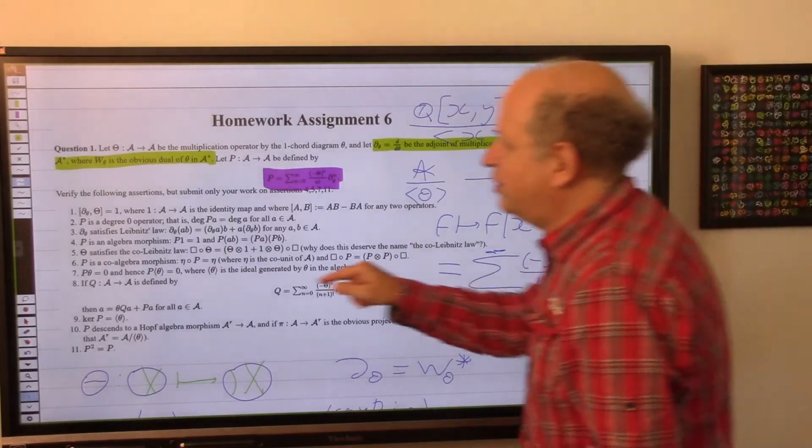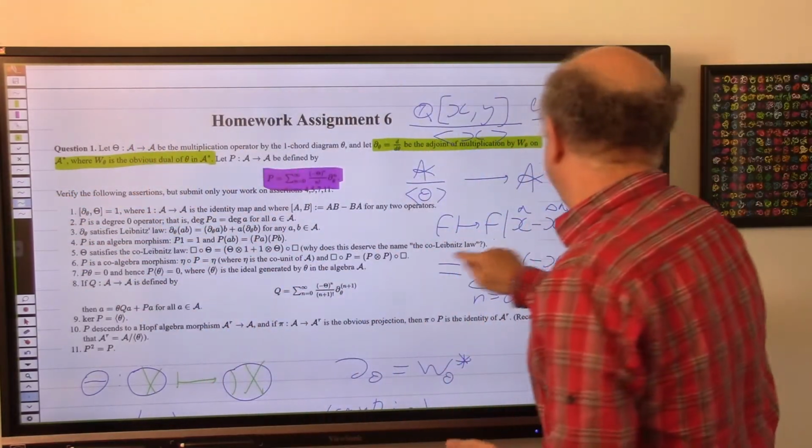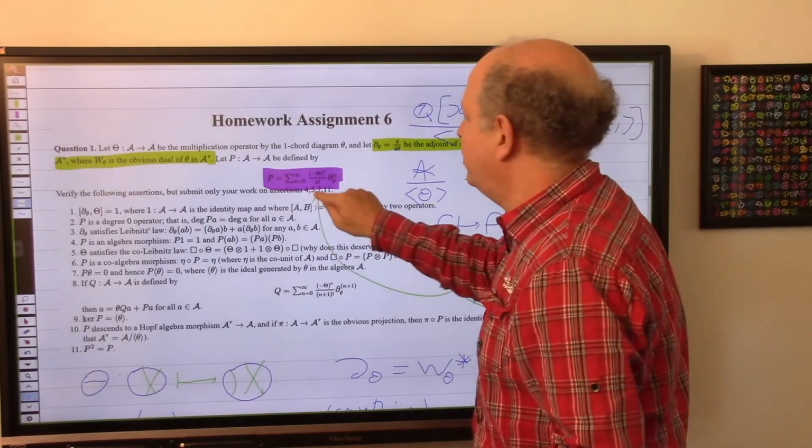But if you look at it, this is exactly the formula written here.